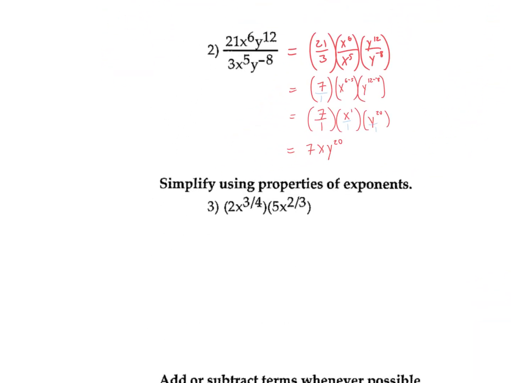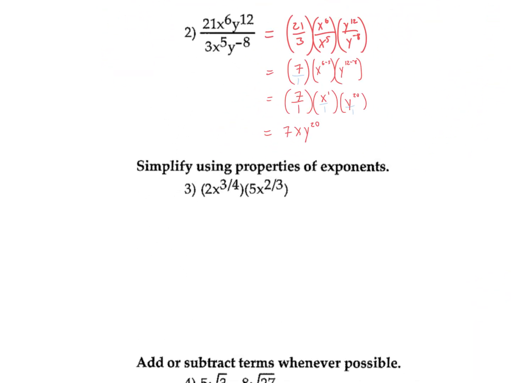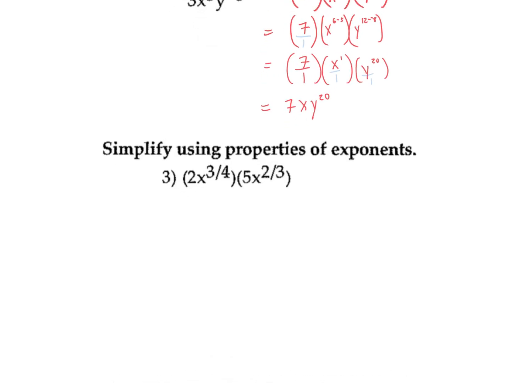So rule letter A says that anytime you're multiplying two numbers with the same base, you can just add the exponents. I am going to take advantage of the fact that multiplication is commutative, which means it doesn't matter which order we multiply things in. So we have 2 times 5. I'm going to put the numbers with the numbers.